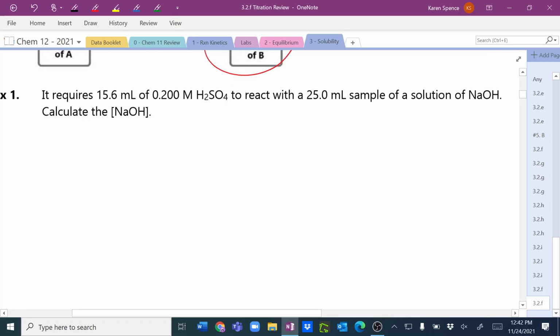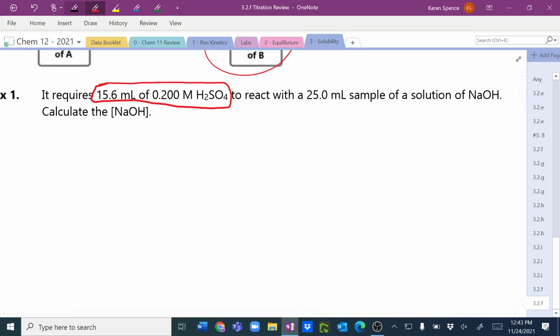It takes 15.6 milliliters of 0.2 molar H2SO4. And remember, the word "of" connects quantities. So these two go together, yes?